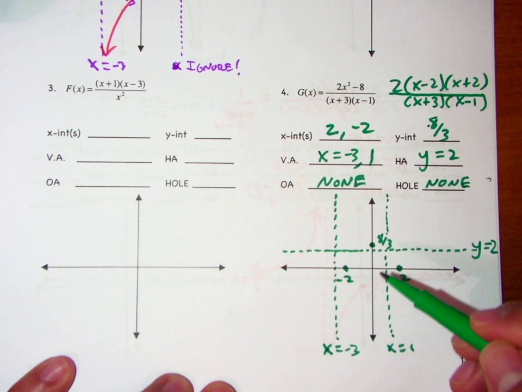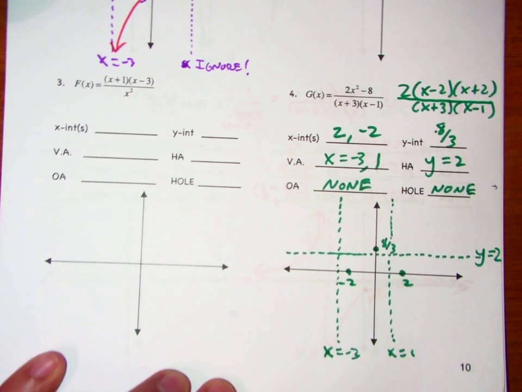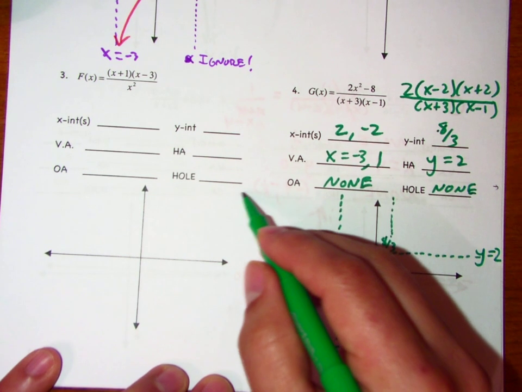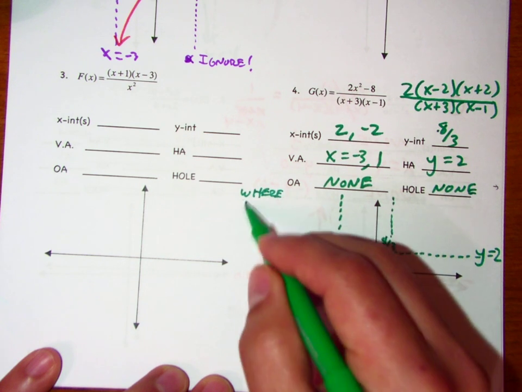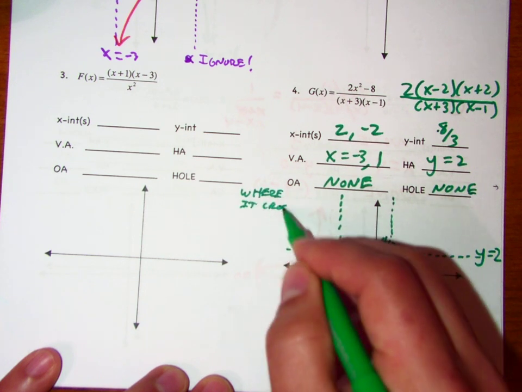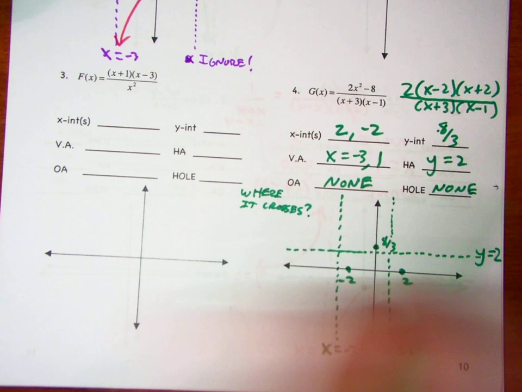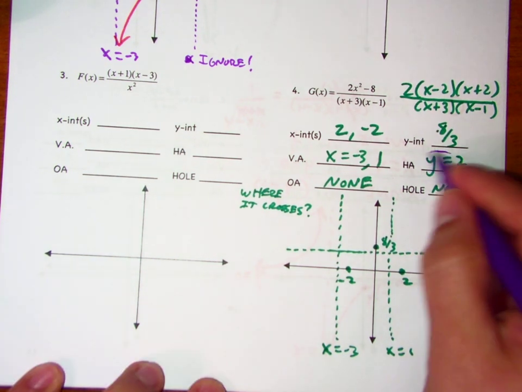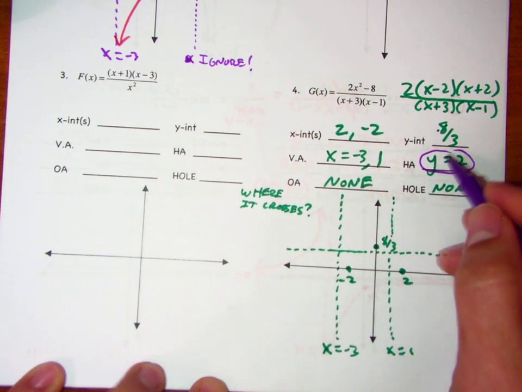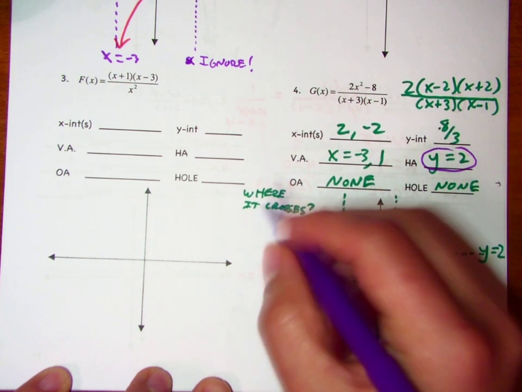Okay, so now how do we find that? So where does it cross? Here's what you do. You take the value of the horizontal asymptote and you set it equal to the equation.